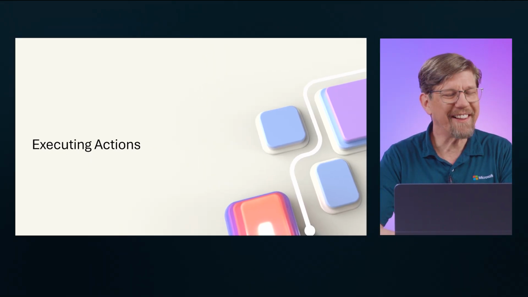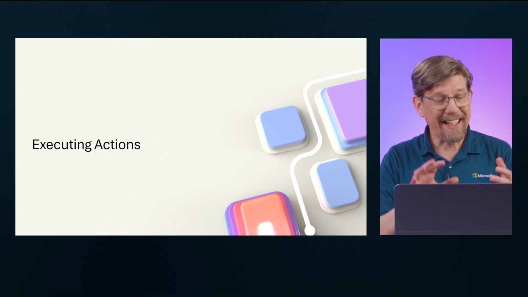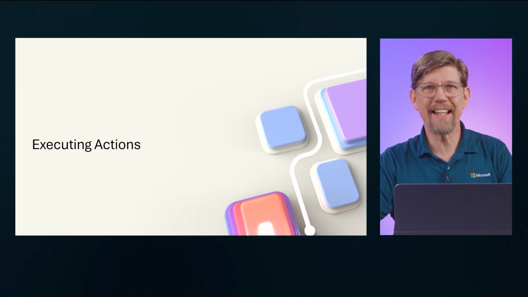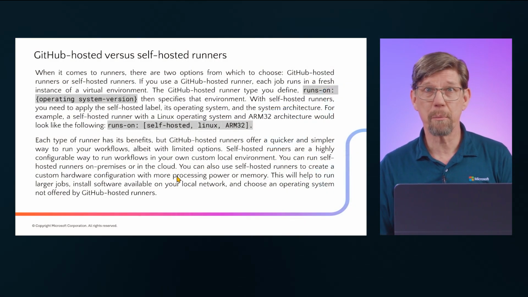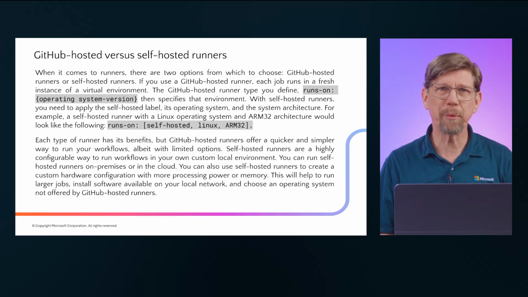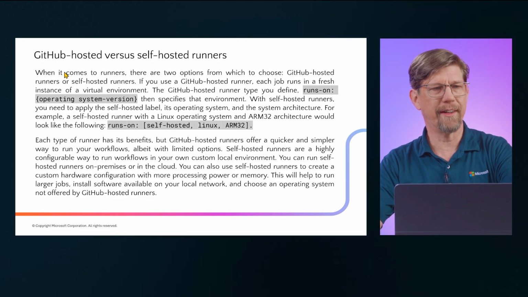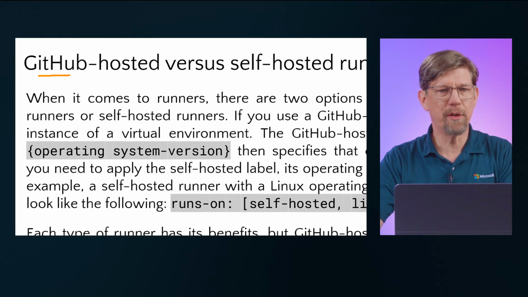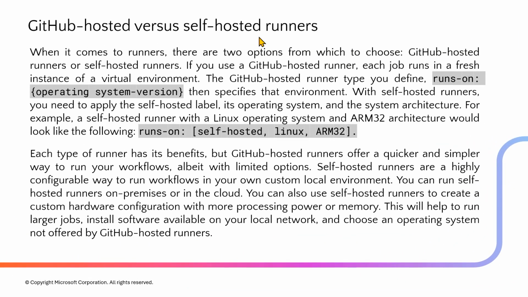What executes it? We're going to need some form of compute. And in the world of GitHub, we have what are called runners. Now, these runners come in a couple different varieties. There is what's called GitHub hosted or self-hosted. So GitHub hosted, you don't want to have a lot of baggage.